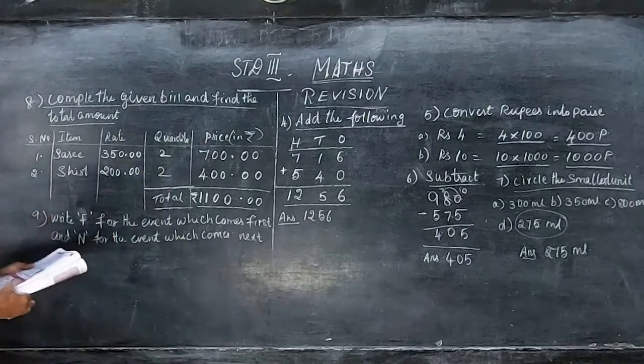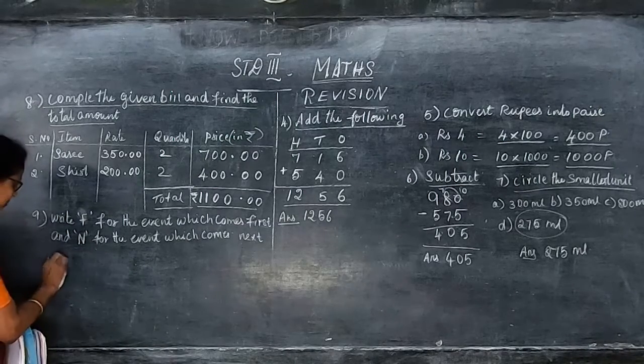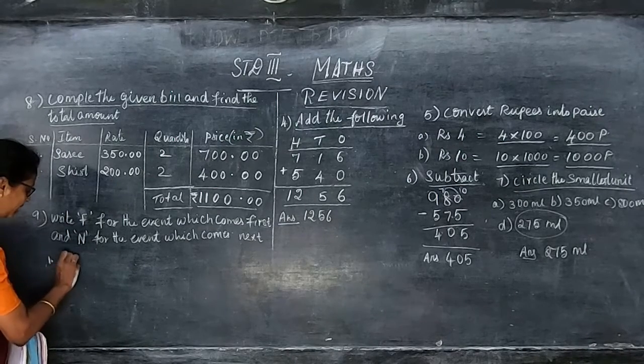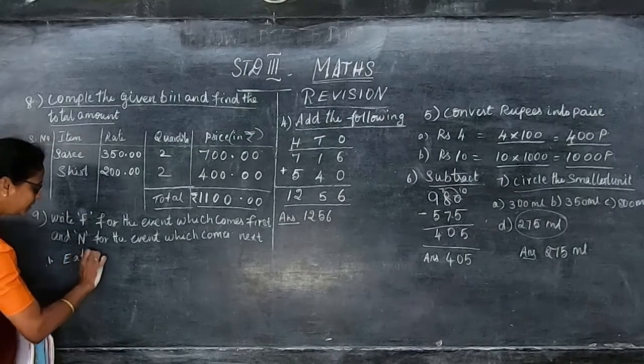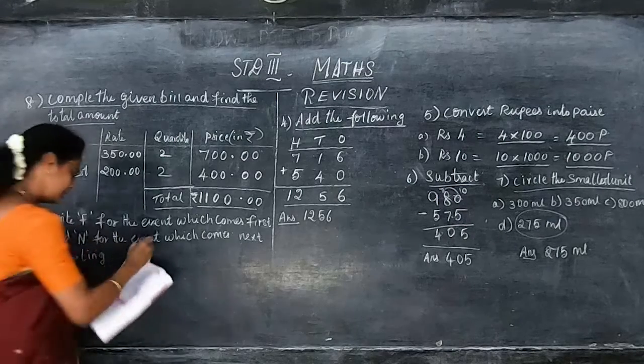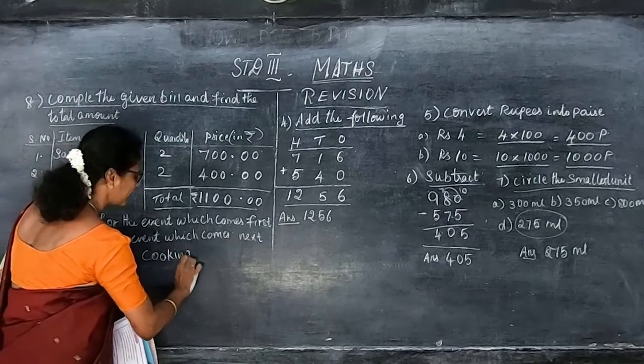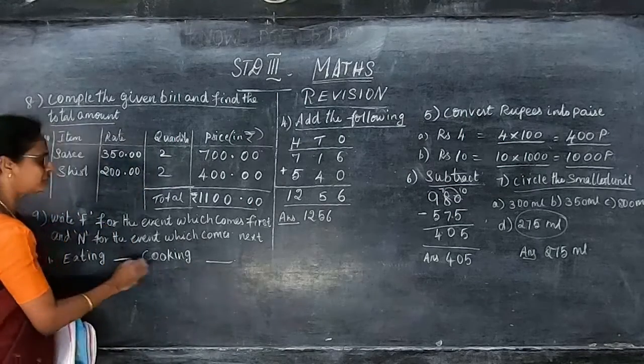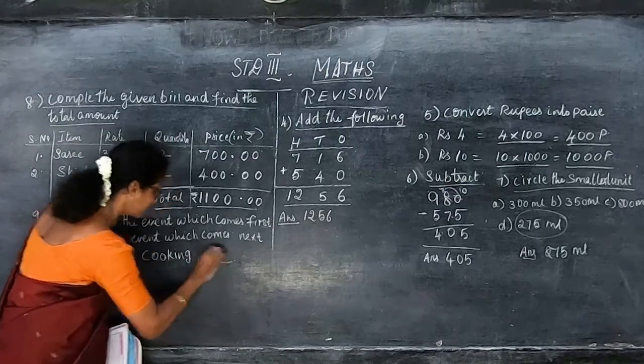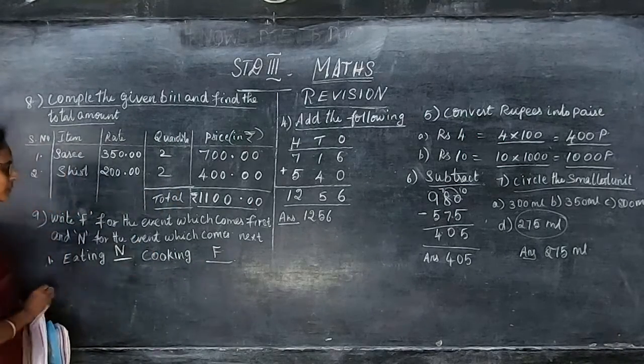Okay. So first one is eating, cooking. First eating dash cooking dash. So cooking comes first, eating comes next. So you can put like this.